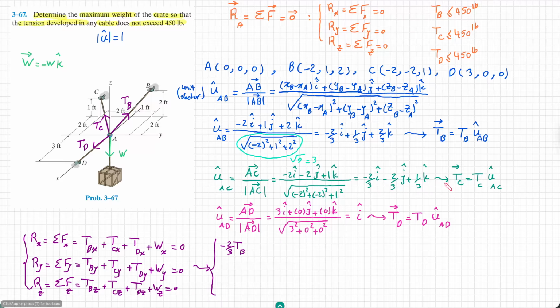TCX is the x component of TC, and because the x component of the unit vector is negative 2/3, I write negative 2/3 TC. Also for TD, the x component is just i hat, I mean 1 i hat, so I just write plus TD. And for WX, there is no x component, so plus 0 equals 0.